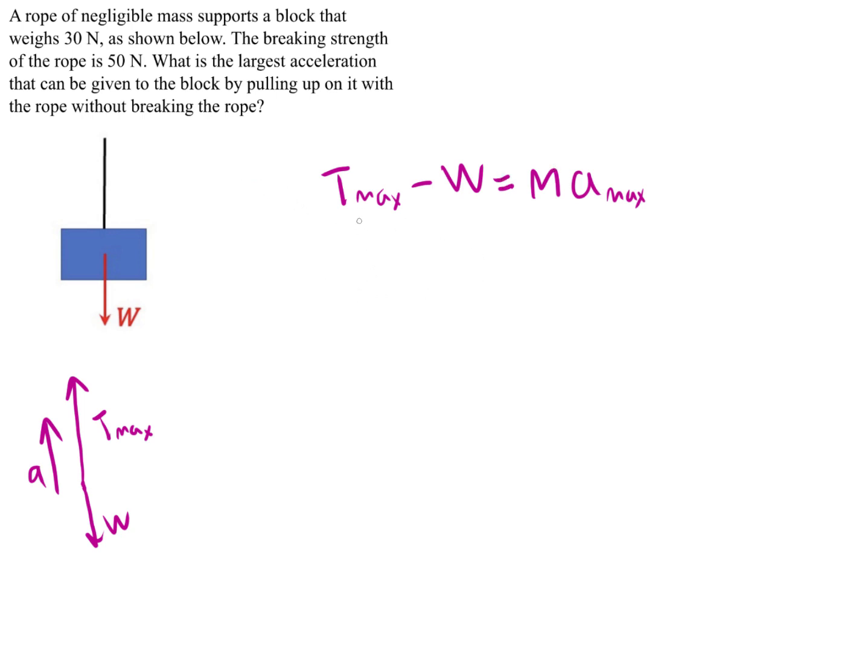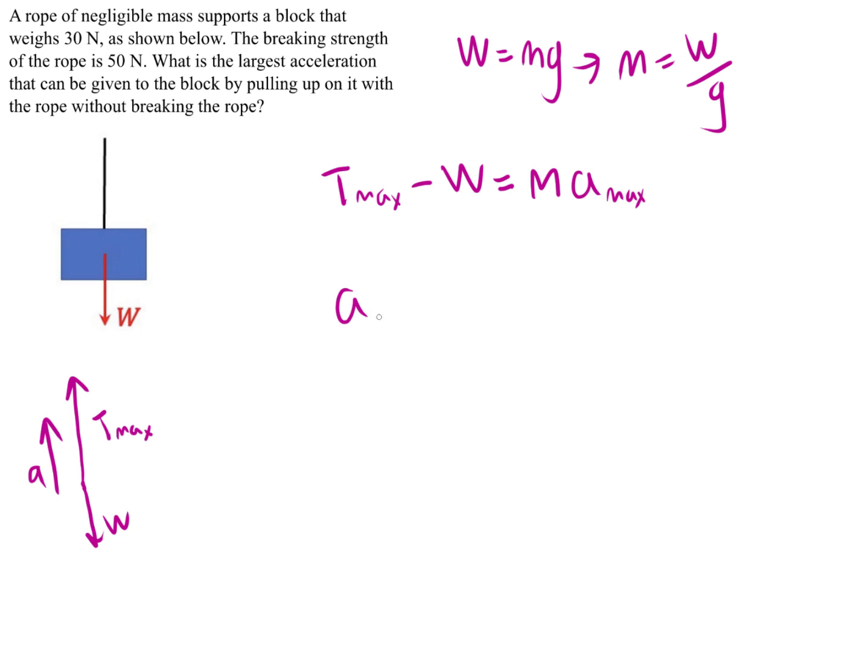So now we can plug almost everything in, except we don't know what mass is yet. We know that the weight of an object is given by its mass times the acceleration due to gravity. So mass is equal to the weight divided by gravity. So we can substitute that in.